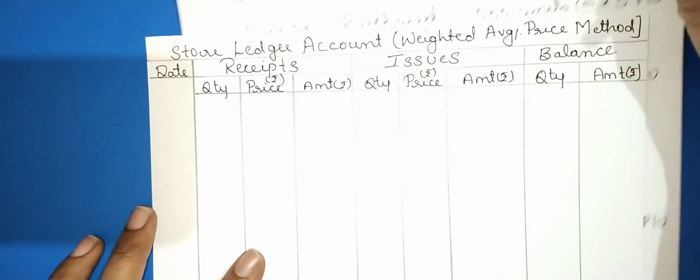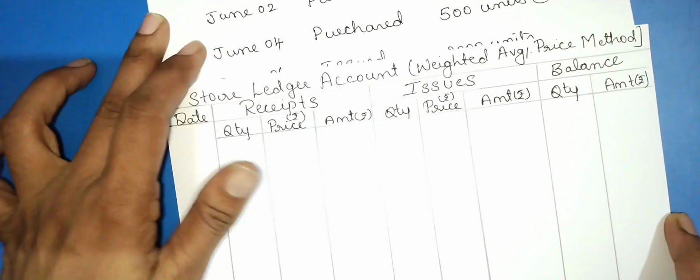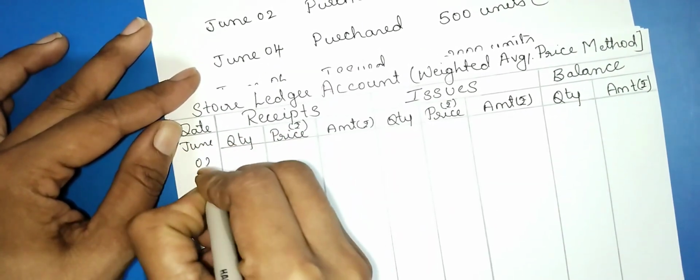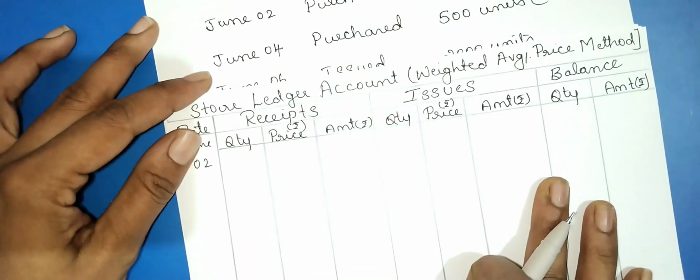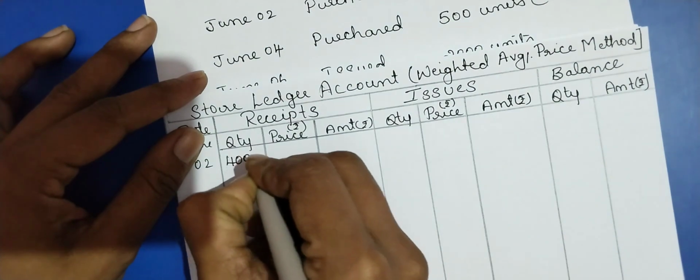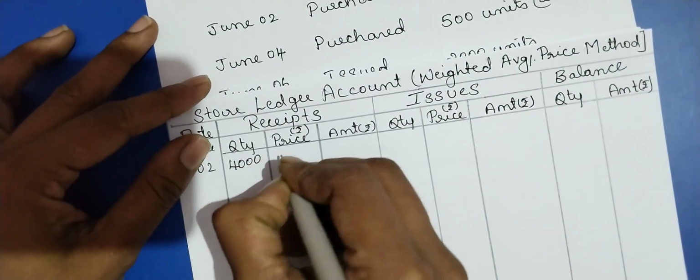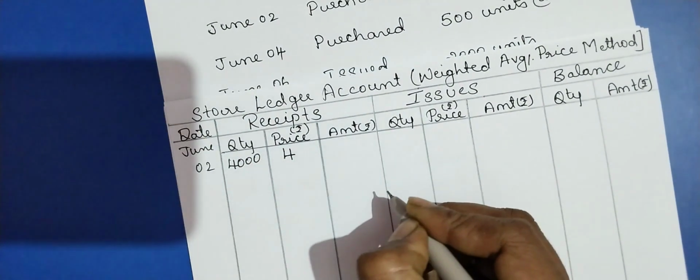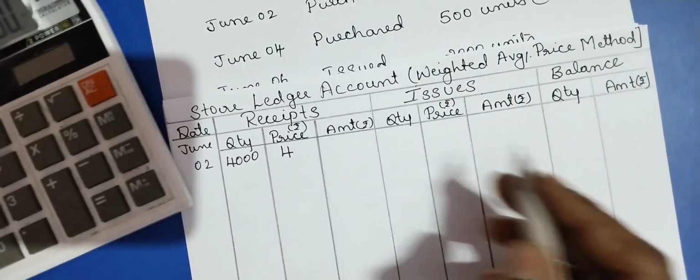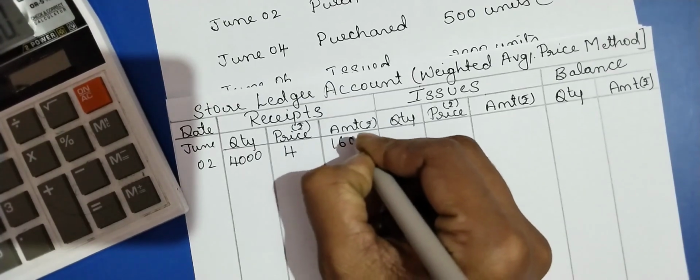Now let us solve the first transaction. It is on June 2nd. Purchased means receipt. How many quantities? 4000 units we have purchased at rupees 4 per unit. So 4000 into 4 per unit is 16,000.